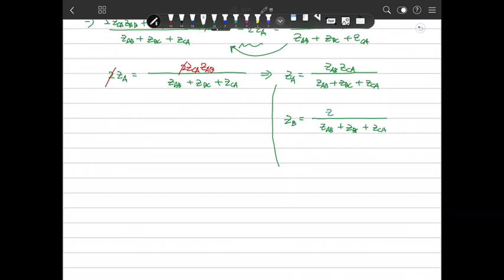And GC is GBC GCA over GAB plus GBC plus GCA.